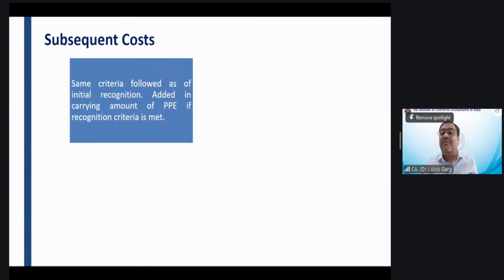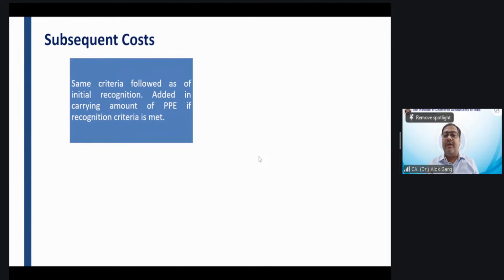What is meant by subsequent measurement? Subsequent measurement means a measurement after initial measurement. For example, you purchase a car on 1st January 2026. That is known as an initial measurement. But on every reporting date, what will you do?